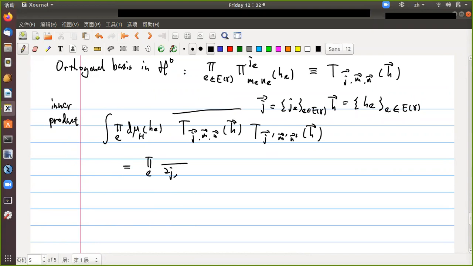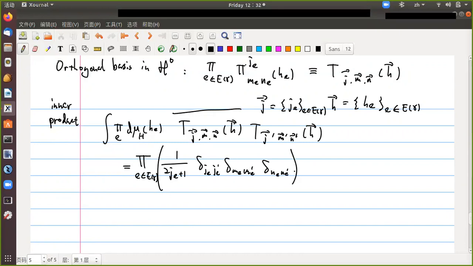It means that I can write it like this, and then we have delta J_e J_e prime, delta M_e M_e prime, delta N_e N_e prime.